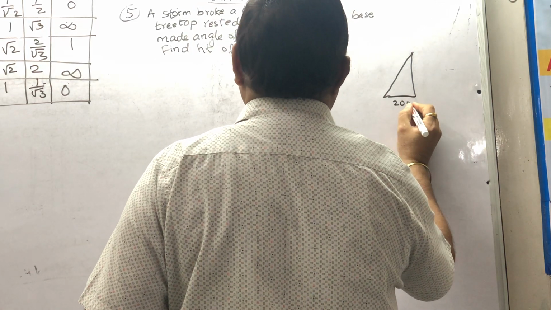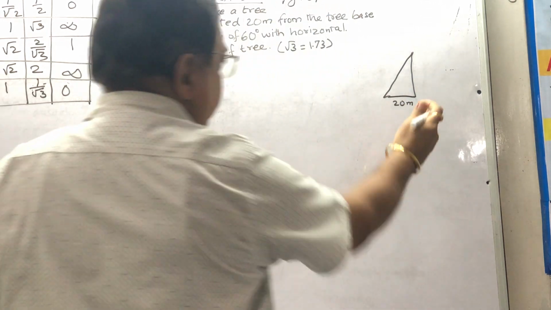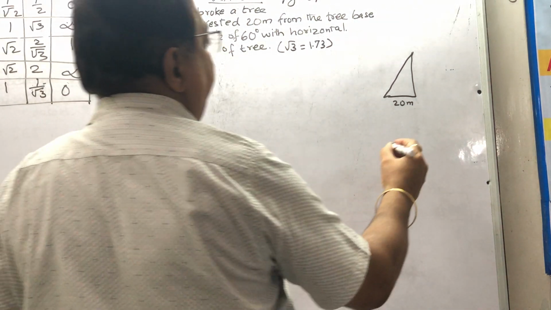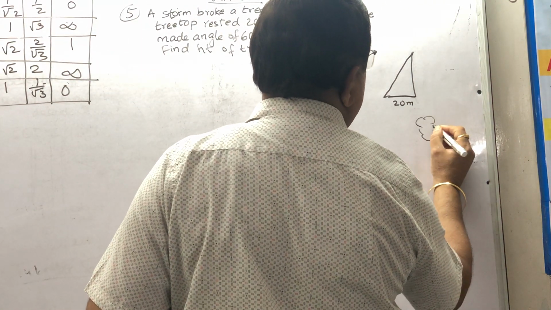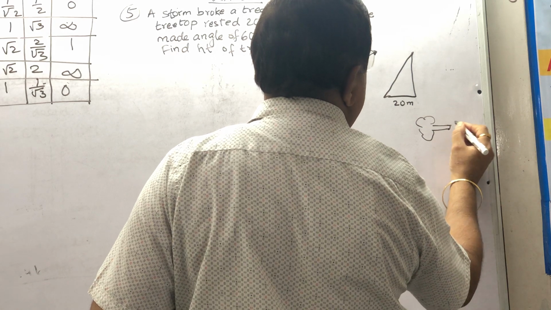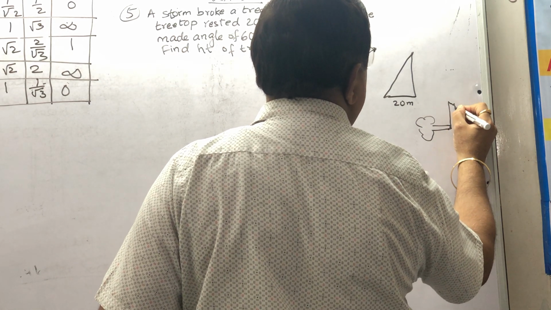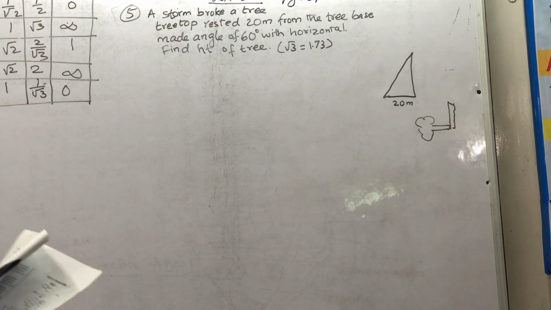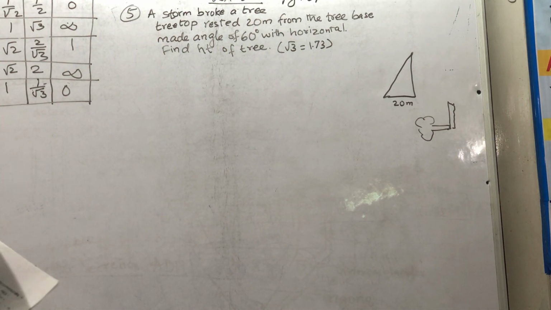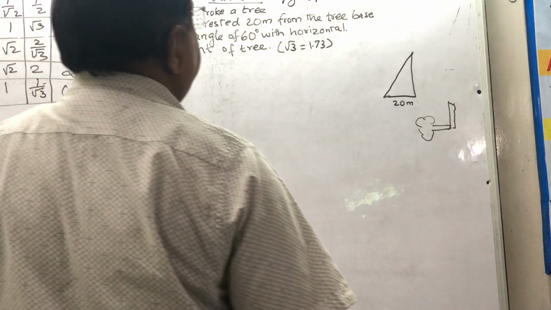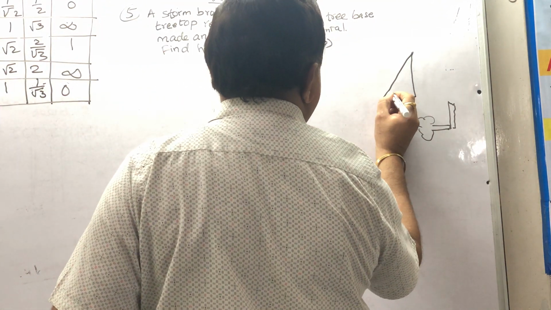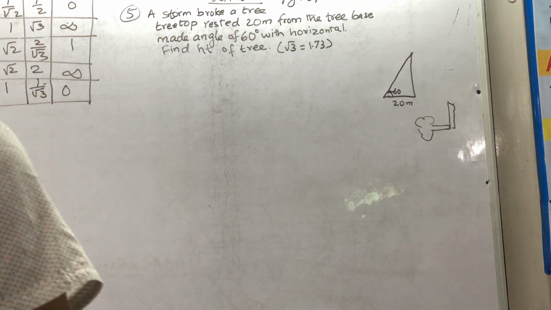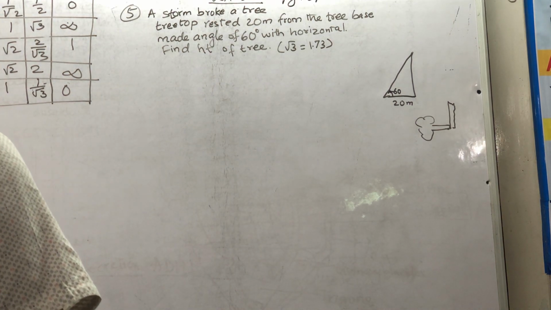It is 20 meters from the base. I will draw the diagram to show you how my tree looks. This is how my tree has fallen. We don't have to draw the tree in the exam. And it is making an angle of 60 degrees.